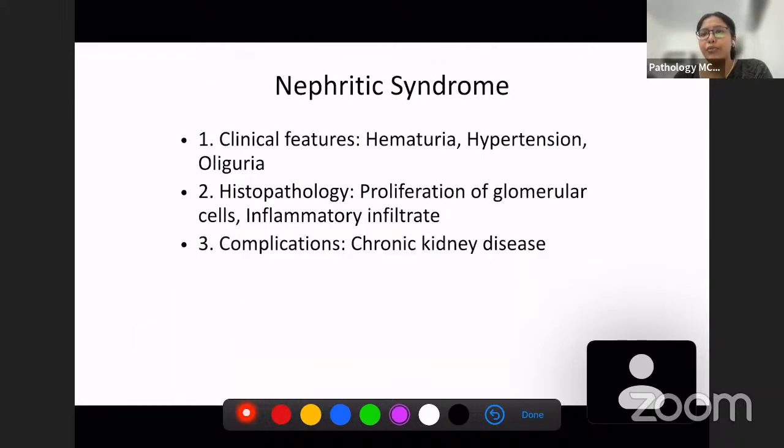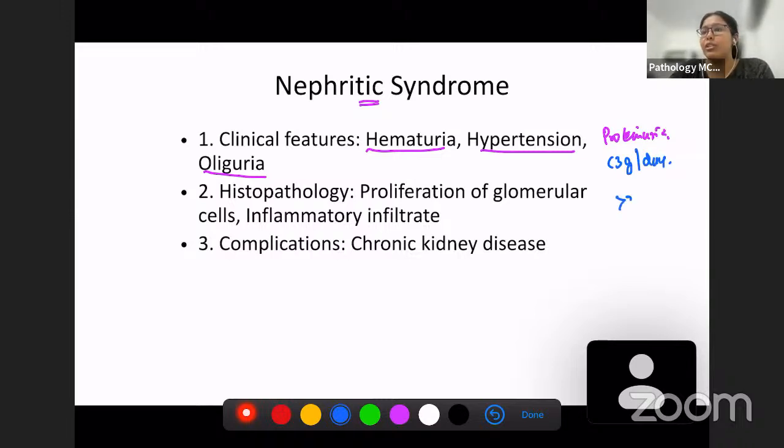Now we'll discuss nephritic syndrome. We've already discussed differences between nephrotic and nephritic syndrome. In nephritic syndrome, we're going to have hematuria, hypertension, and oliguria. Then we are going to have proteinuria, but proteinuria is going to be less than 3 grams per day.